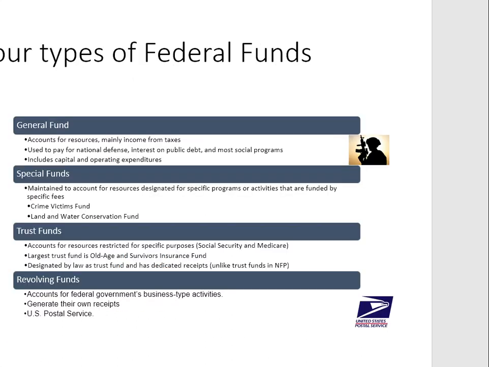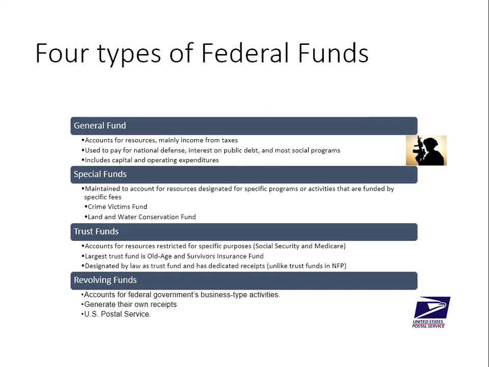So typically, a federal agency is going to have four types of federal funds. It's going to have the general fund, which accounts for resources, mainly income from taxes. It is used to pay for national defense, interest on public debt, and most social programs.